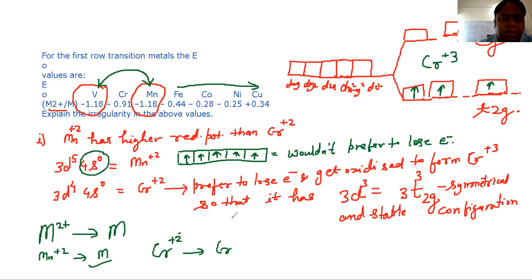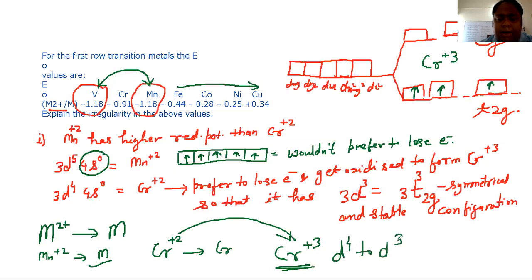But in this case, it would prefer to become Cr3+ by losing one electron, so that it goes from d4 to d3 state, and the d3 state is a symmetrical and stable configuration because of the splitting of d orbitals. The electrons arrange themselves in the t2g orbital symmetrically. Right. So this irregularity can be explained in this way.